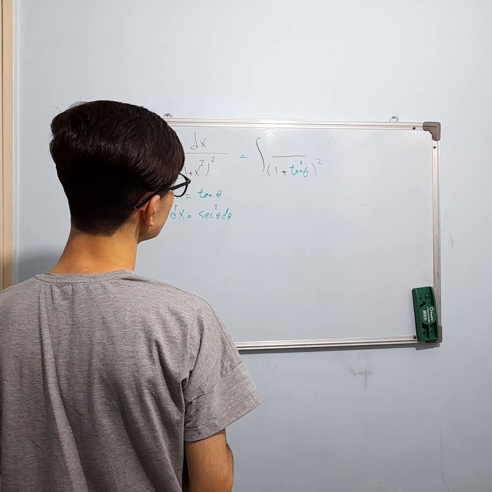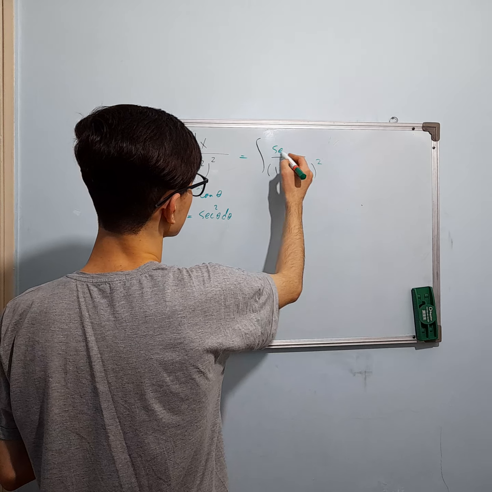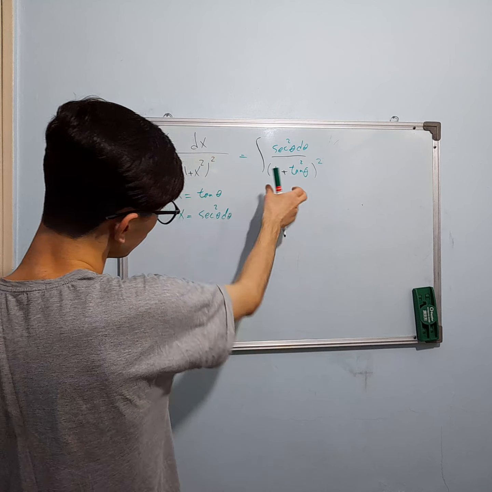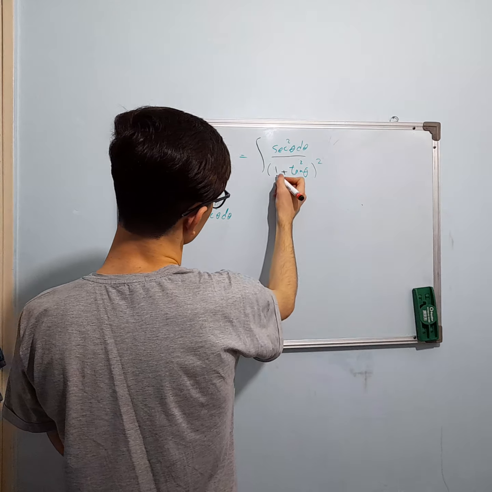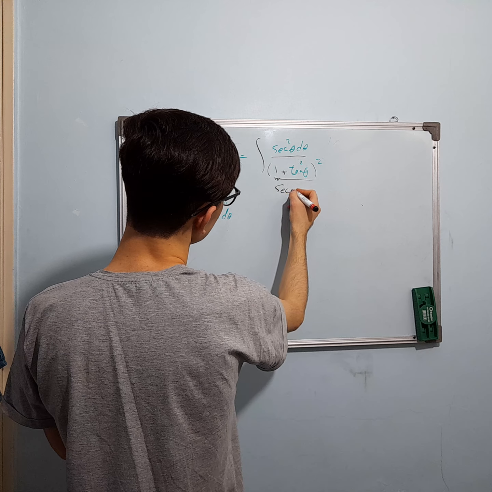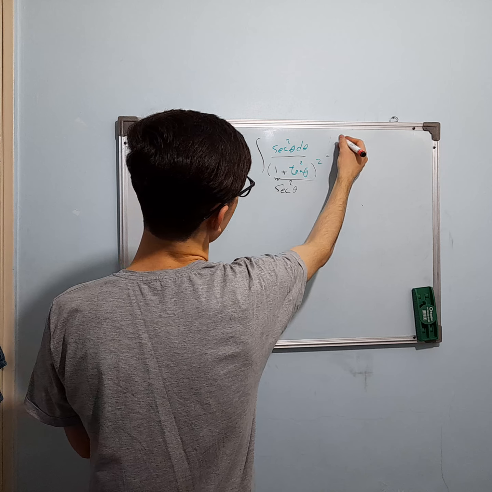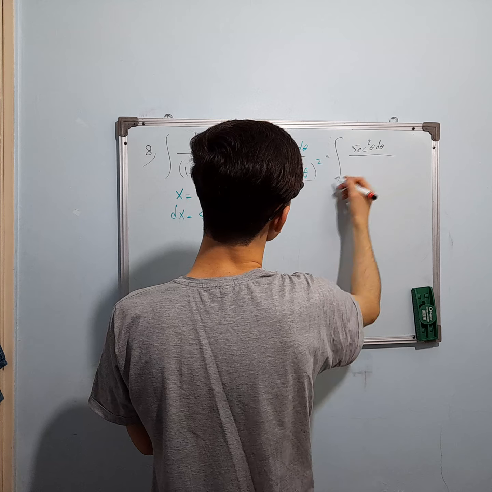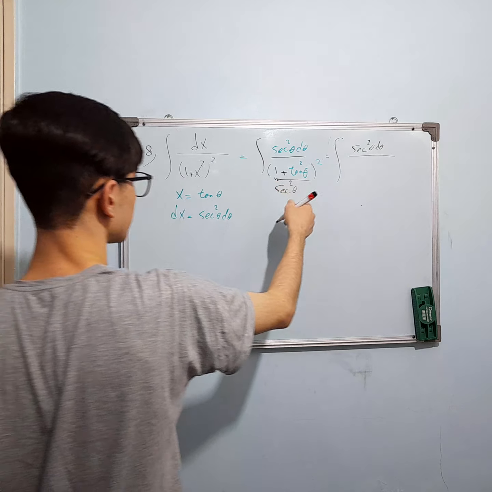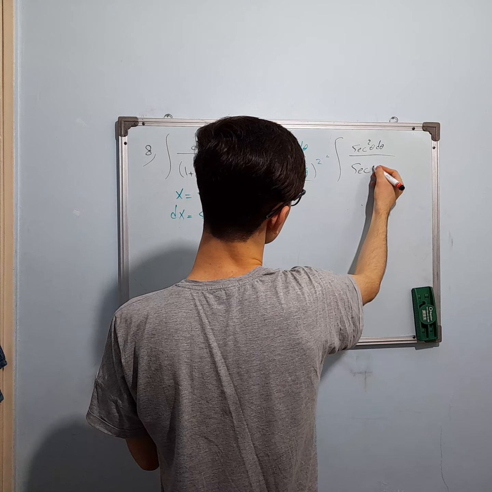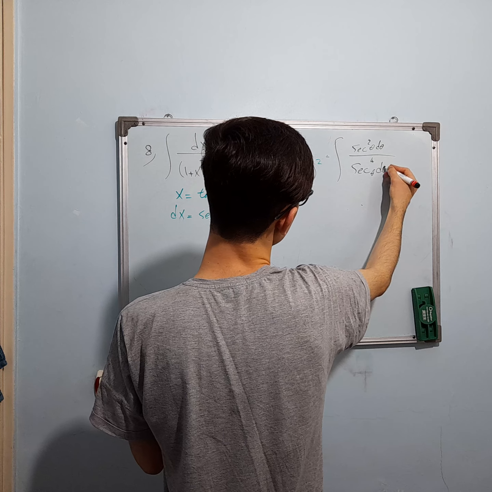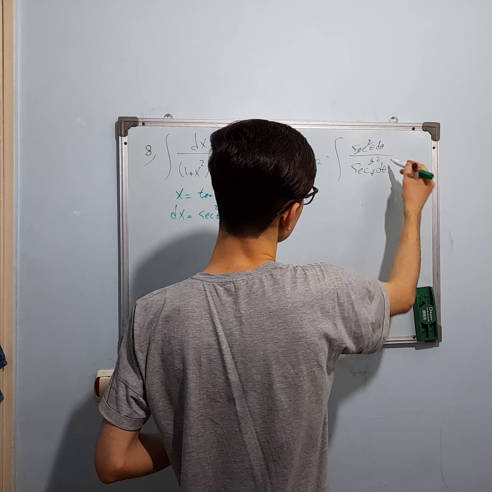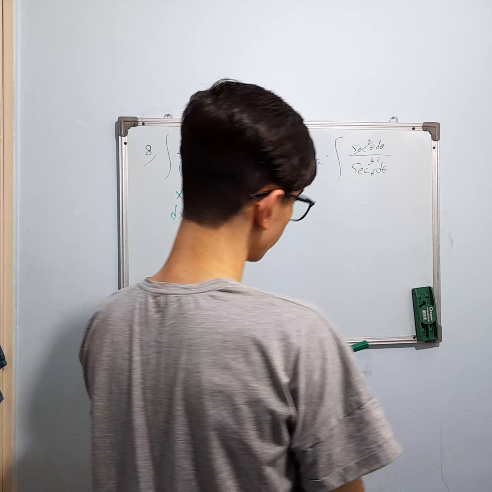Now dx is secant squared theta d theta. So we have secant squared theta d theta over, and secant squared theta squared is secant to the fourth power theta, and they cancel out, two power two.